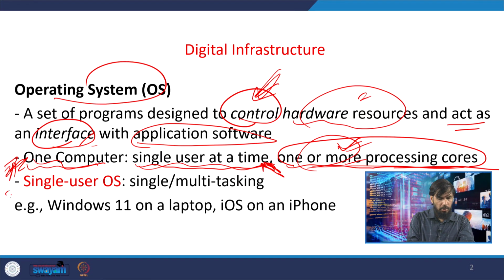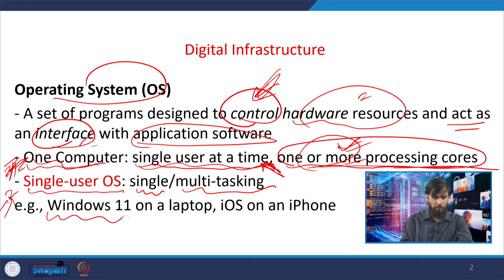For example, single user OS, single or multitasking. Essentially in this one you can have examples like Windows 11, that typically goes with a laptop, or iOS on an iPhone. Here it is only one user that would actually be using this OS.